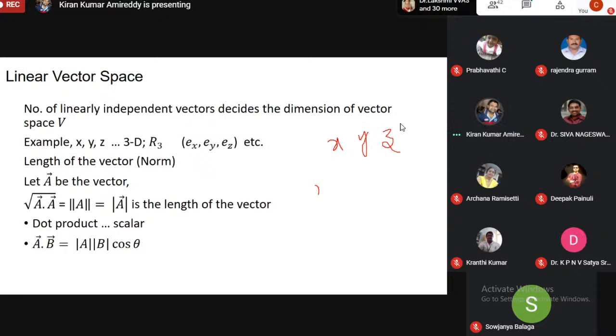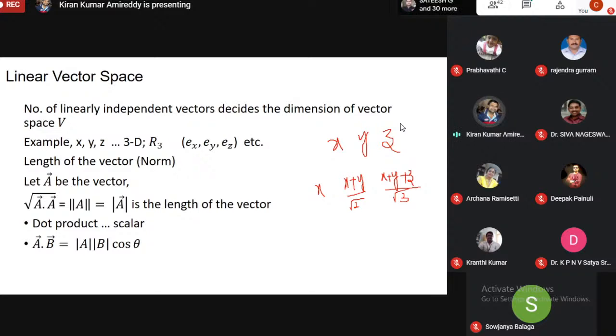Suppose we write x, x plus y by root 2, x plus y plus z by root 3.